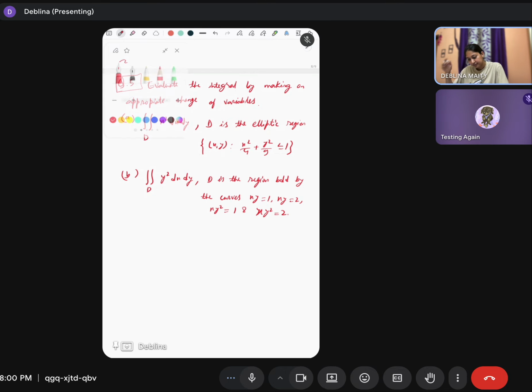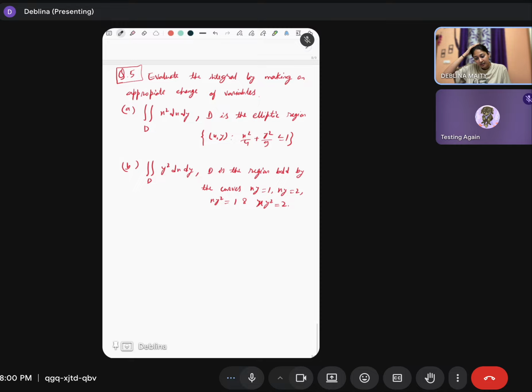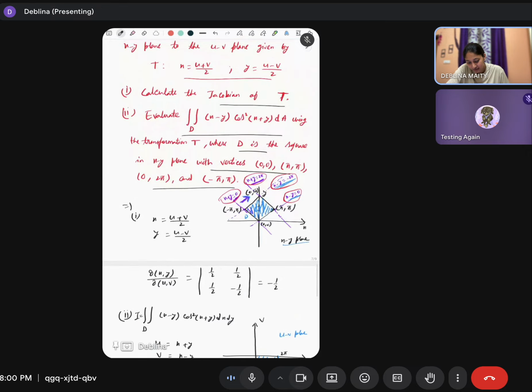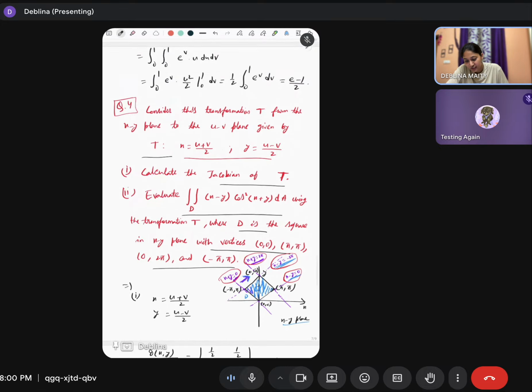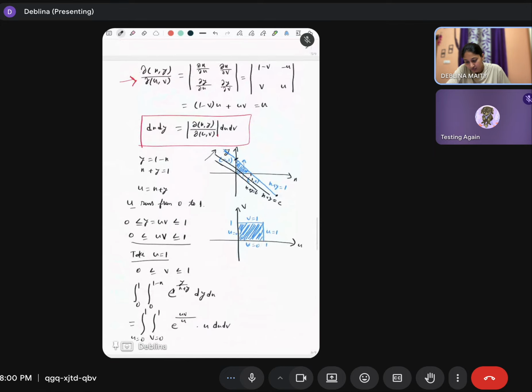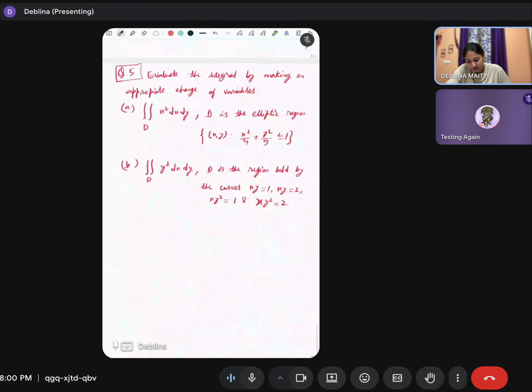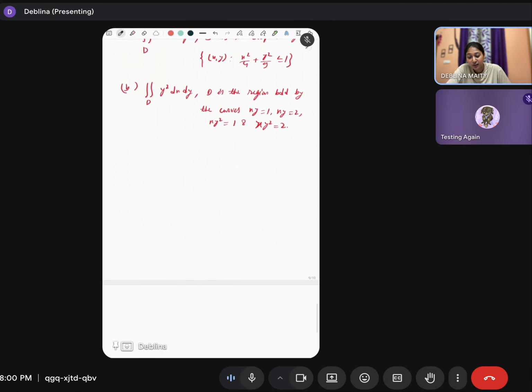Okay. So we have to find the integrals by changing the variables, right? We are not given the change of variables, like we were already given the transformation in questions 3 and 4. So now we have to choose the variables for simplification of this integration.